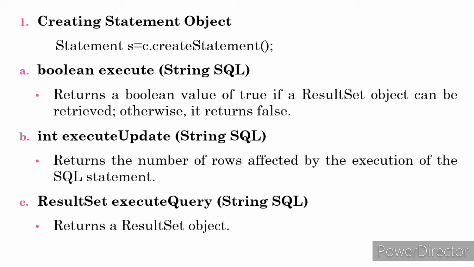If you want the table data, you need to use this executeQuery. Suppose you are inserting one data in a database, deleting one data, or updating one data in the database. In that case we need to use executeUpdate. It will return how many rows were affected.